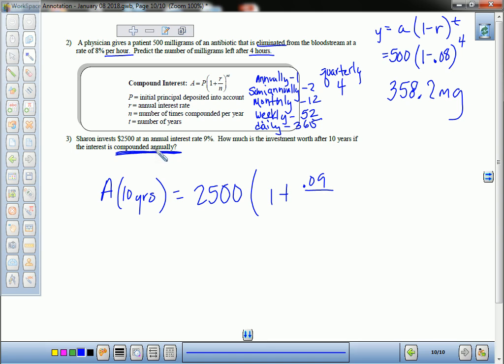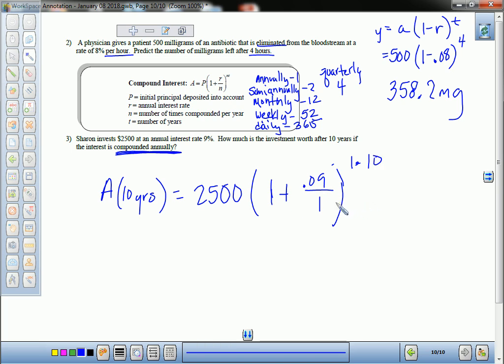How many times is it compounded? Annually just means once a year. But if this were any of these words, it would change to that. So if it were quarterly, that would be a 4. If it were monthly, that would be a 12. All right, raised to the n times t. So number of times is once, t is time in years, and in this case, we're doing 10 years.